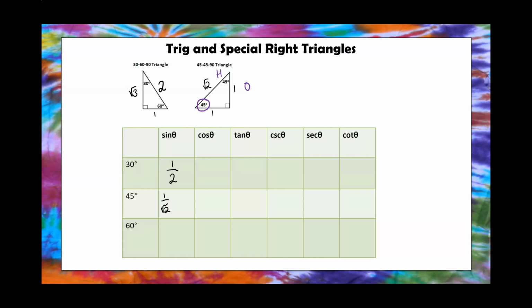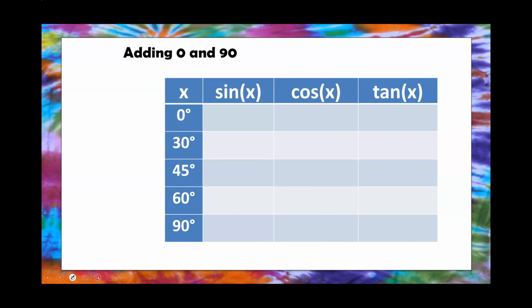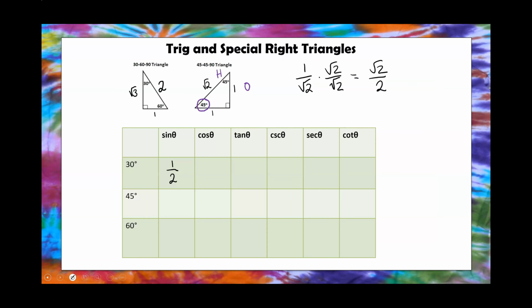Let's go ahead and rationalize it. 1 divided by the square root of 2 is root 2 times root 2. That gives me a root 2 over square root of 4, which is 2. So I'm going to go ahead and erase this 1 over root 2, and I'm going to write root 2 over 2. All right.